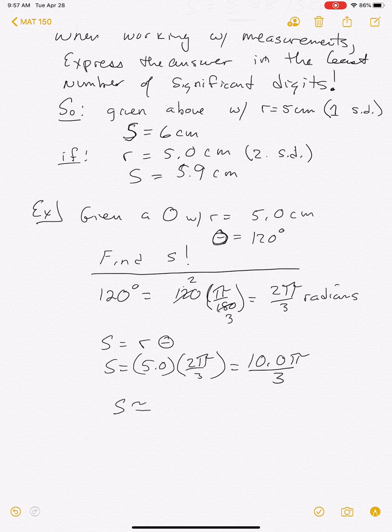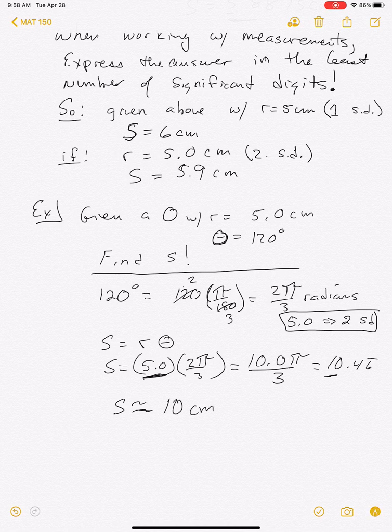So S, I take 10 times 3.14 divided by 3, and I get 10.46 repeating. But since 5.0 is 2 significant digits, I really am going to round to the 10, right?